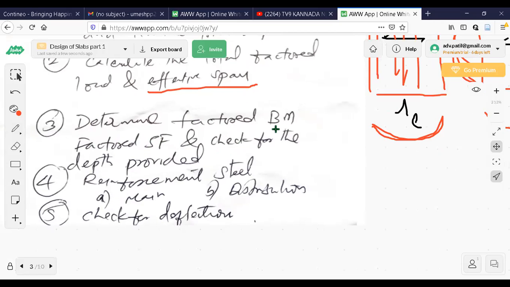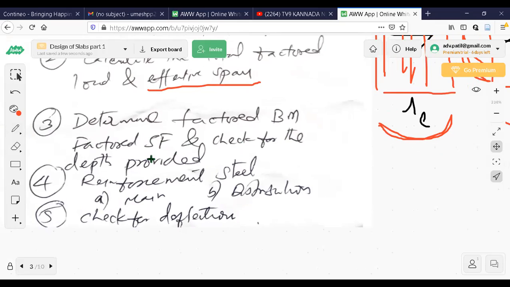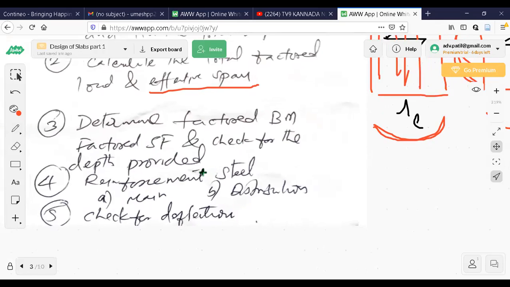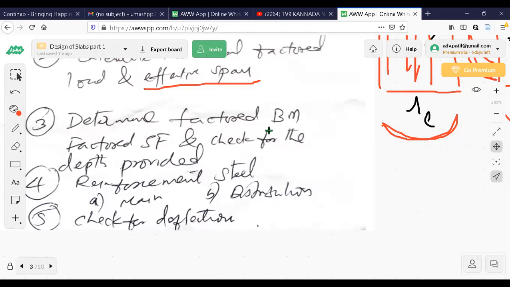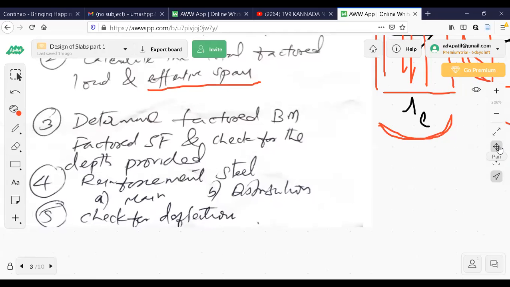Once you find WL square by 8 and WL by 2, that is bending moment and shear force, you have to find Mu limit. Mu limit has to be more than the factored bending moment in the case of slabs. If it is not, you have to increase the depth and revise the design. That is the only option left.